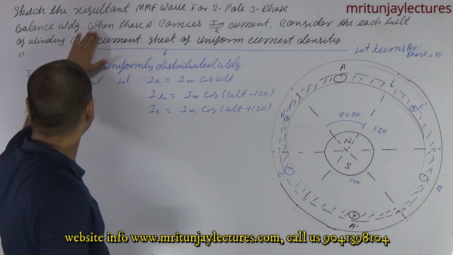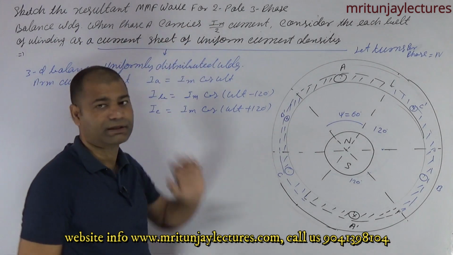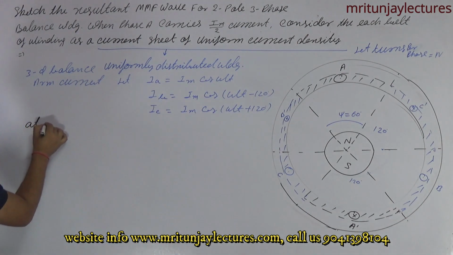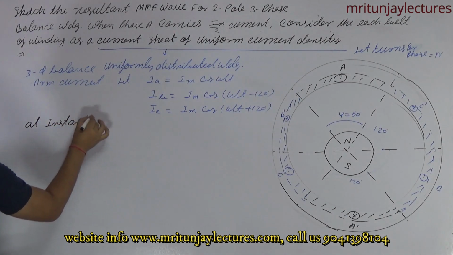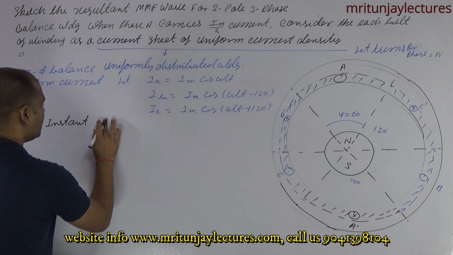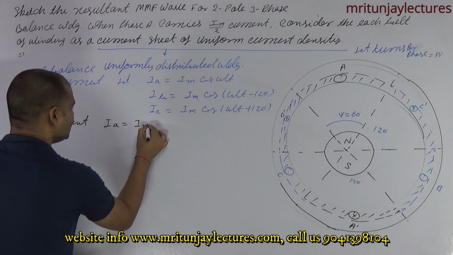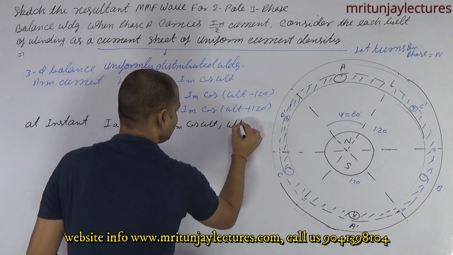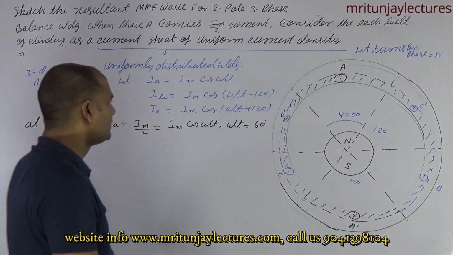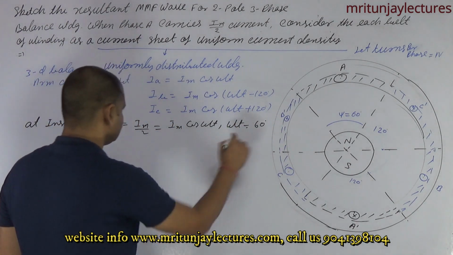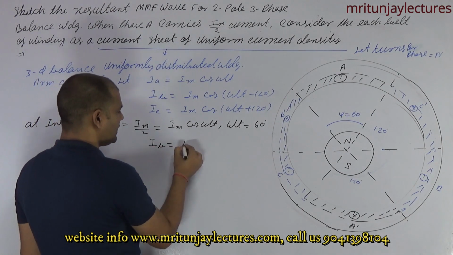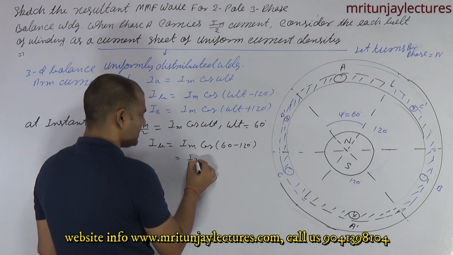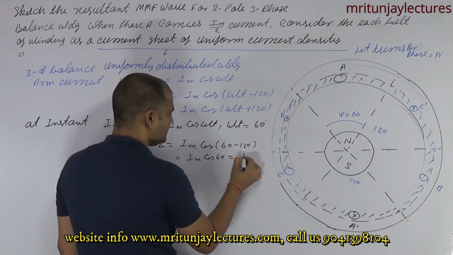Now, corresponding to the question, when phase A carries Im by 2 current, at that instant IA equal to Im by 2, means Im cos omega t, where omega t is 60 degrees. What about IB at that time? IB is Im cos of 60 minus 120, that is Im by 2.